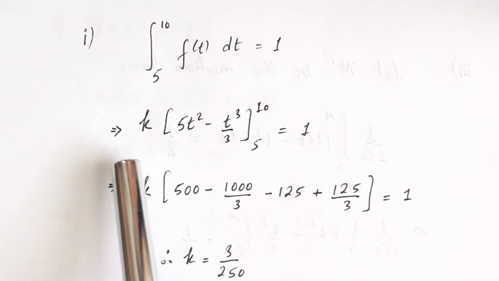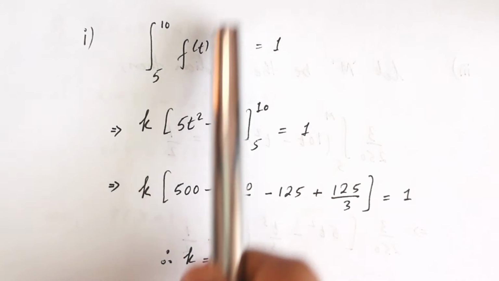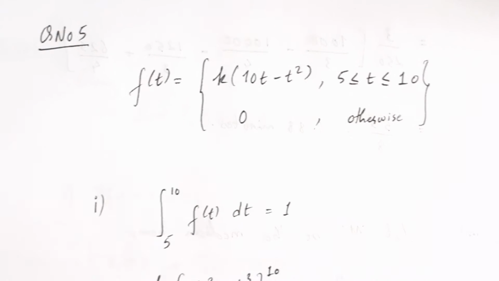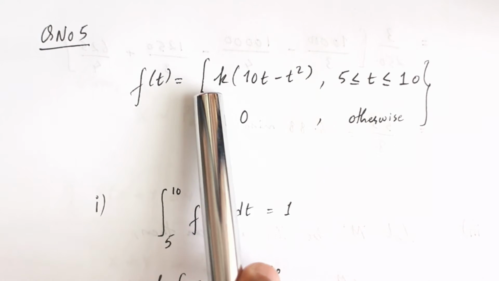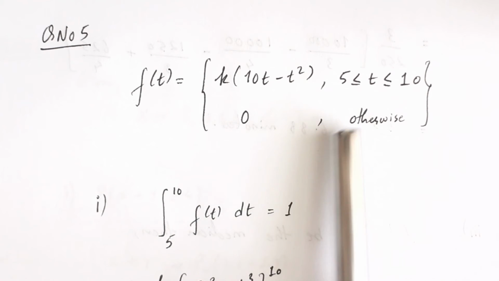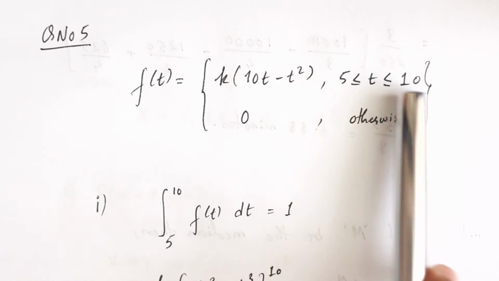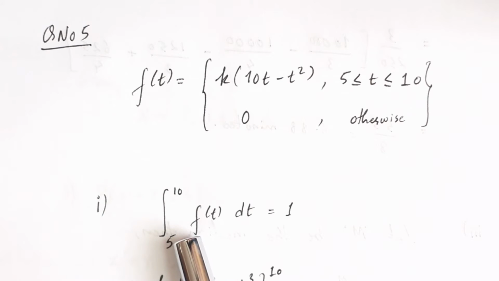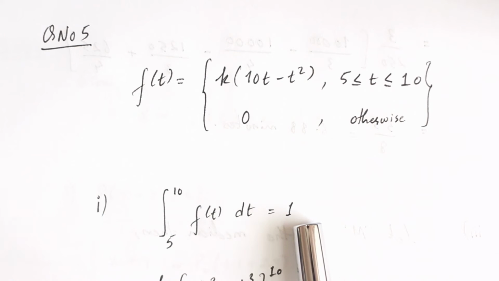Now, you substitute f(t) as the question gave it. Because this is the boundary, this is the limit for this function, so the integration from 5 to 10 of f(t) dt equals 1.